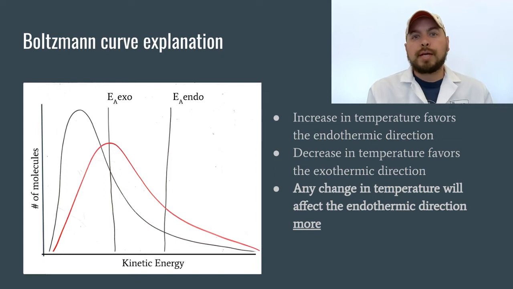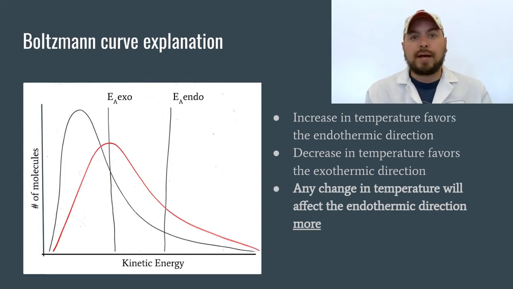It really comes down to the idea that molecules have different energies, and Boltzmann curves are not normal distributions. So more molecules have less energy than have more energy. And because the endothermic direction of a reaction has a greater activation energy than the exothermic direction, the endothermic direction is impacted more.